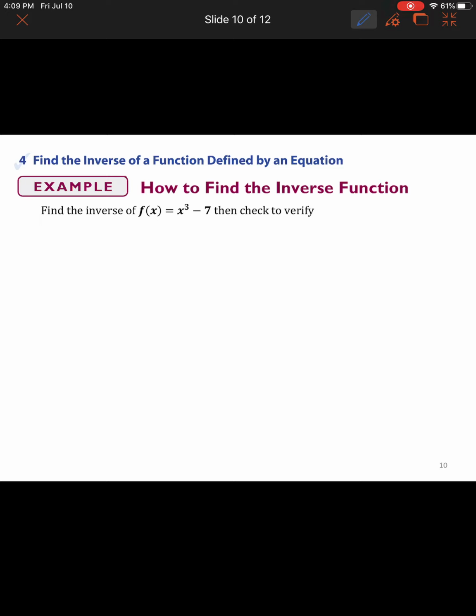Algebraically determine the inverse. Let's get us some goodies. So we have 1, rewrite the function, whatever the function is, as y.